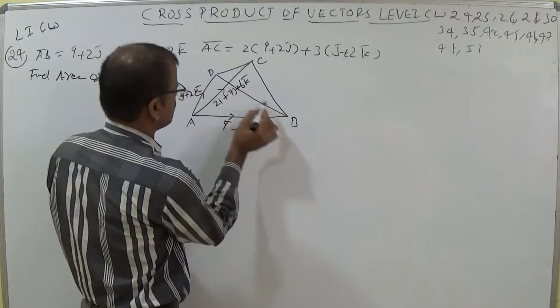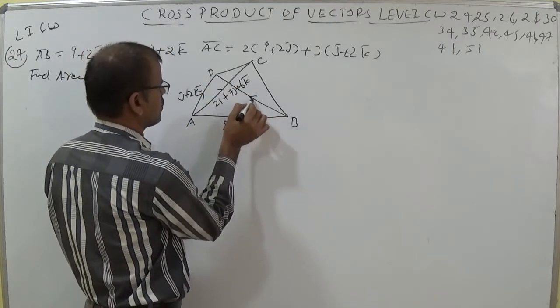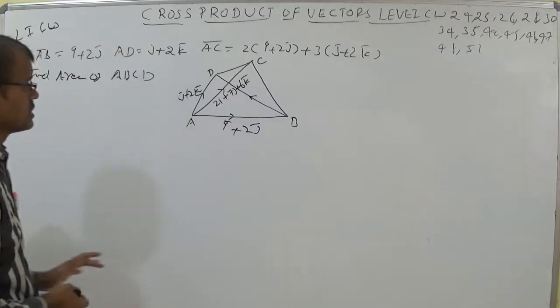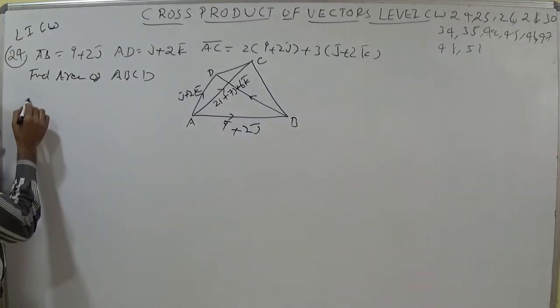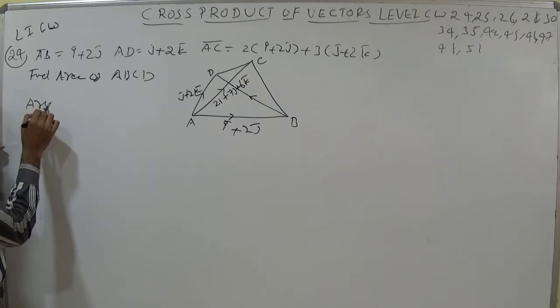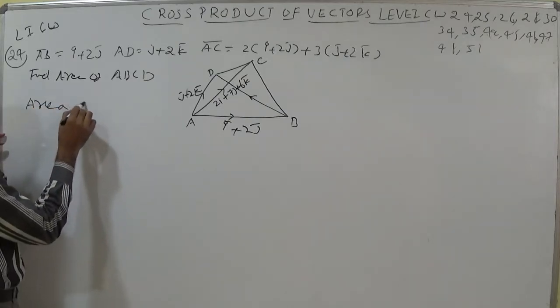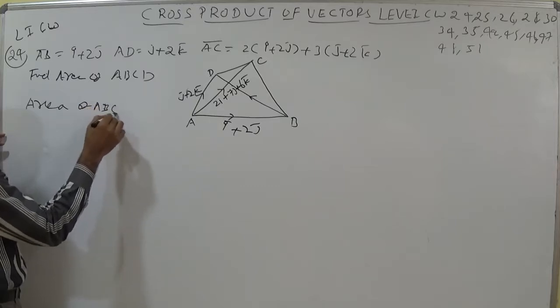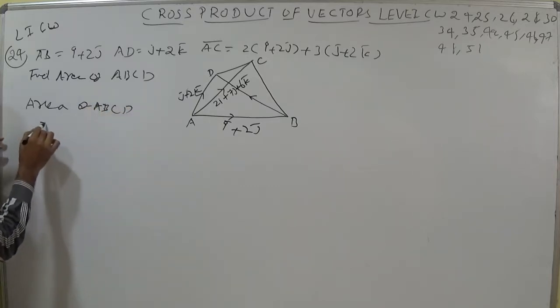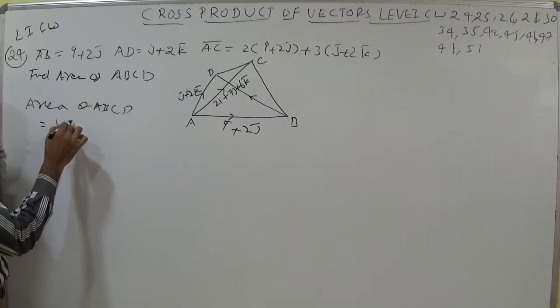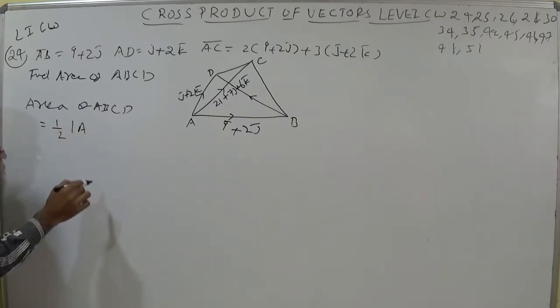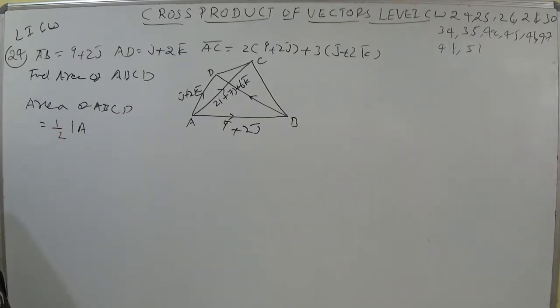We should calculate the area of the quadrilateral. Yesterday we discussed the formula for the area of a quadrilateral having diagonals. First read whether it asks for vector area or simple area.